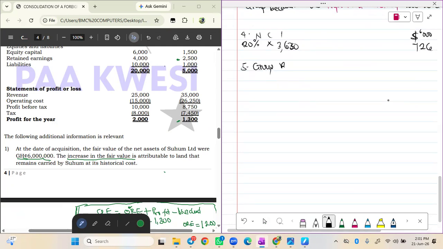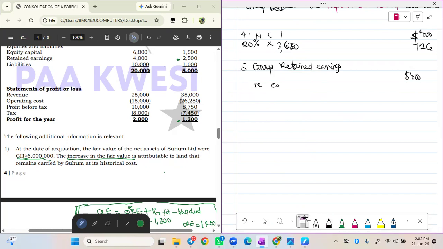Group retained earnings. And the group retained earnings, you calculate it in what? Dollars. Okay. You calculate it in dollars, because the group's presentation currency is dollars. So you start with the share capital of the parent.